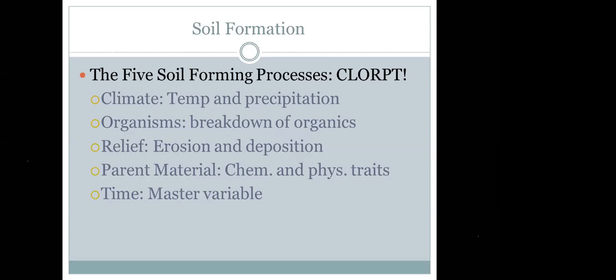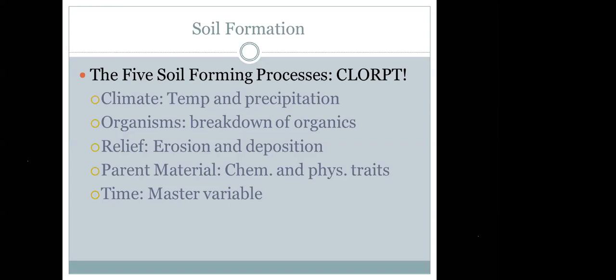So climate: temperature and precipitation. Basically, the rule for soil formation is that the hotter the temperature and the more moisture you have in your climate, the quicker things break down. So a hot, moist climate tends to create an environment where weathering is very fast, both weathering of organic material and weathering of mineral material like bedrock.